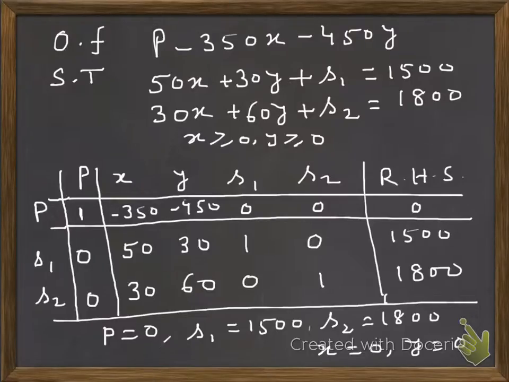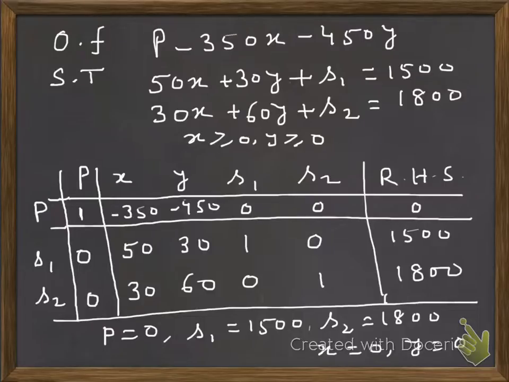If you try to understand what S1 and S2 represent, 50x plus 30y is the consumption of raw material 1 and 1500 is the availability of raw material 1. So S1 is equal to 1500 minus 50x minus 30y. Basically S1 is the quantity of raw material 1 unutilized.